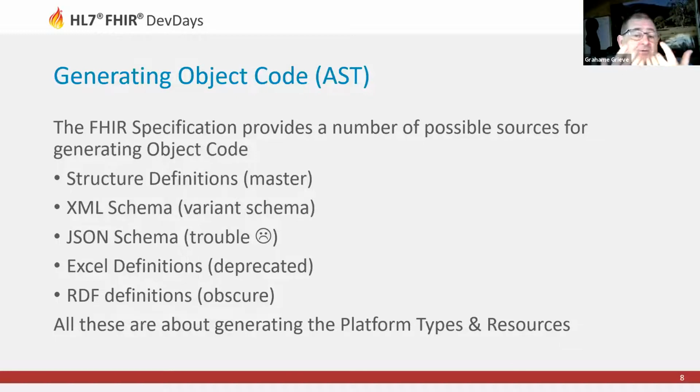Now, there are people with XML tool stacks that like that. And the schemas, we test the schemas and they're correct. It's just they don't implement and test a whole bunch of stuff the structure definitions know about, because you can't do that in schema. JSON schema is a little bit more difficult.